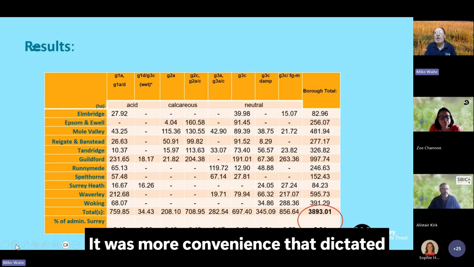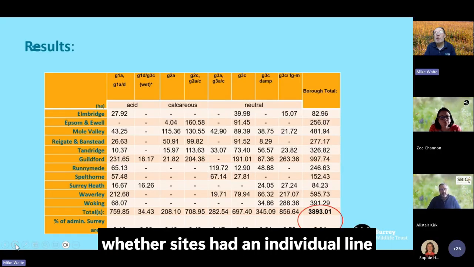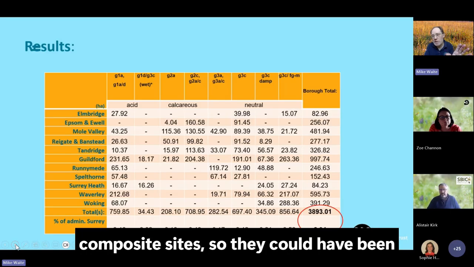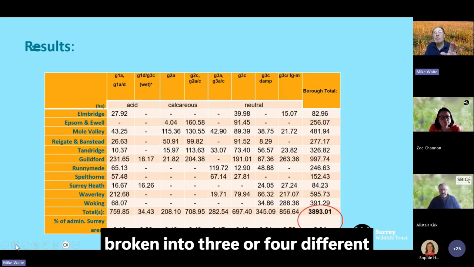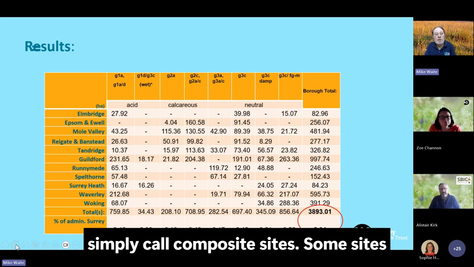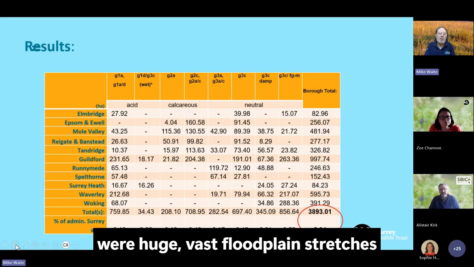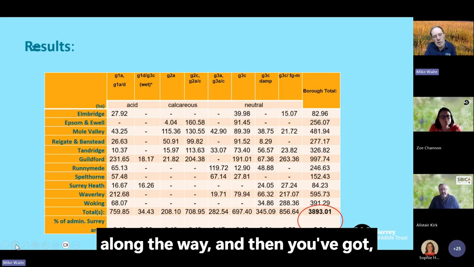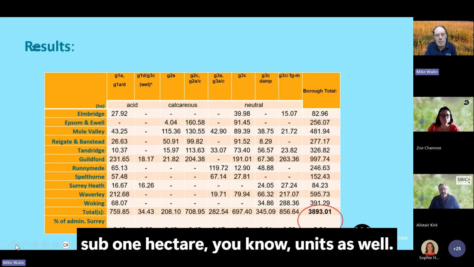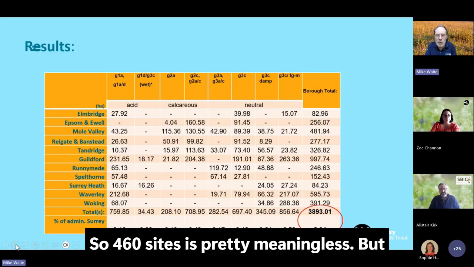It was more convenience that dictated whether sites had an individual line, or because some are called composite sites, which could have been broken into 3 or 4 different named sites but were essentially part of an area. Some sites were huge, vast floodplain stretches, and then you've got some very sub 1 hectare units as well. So 460 sites is pretty meaningless.